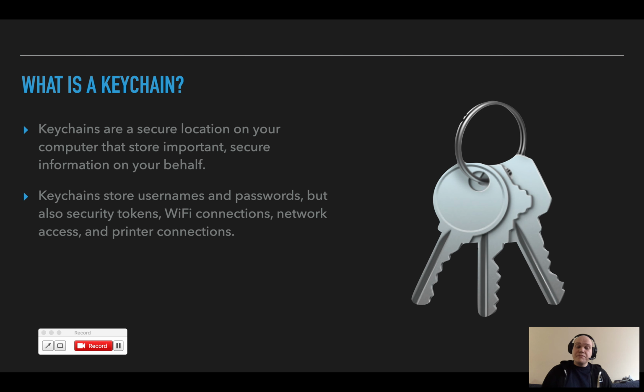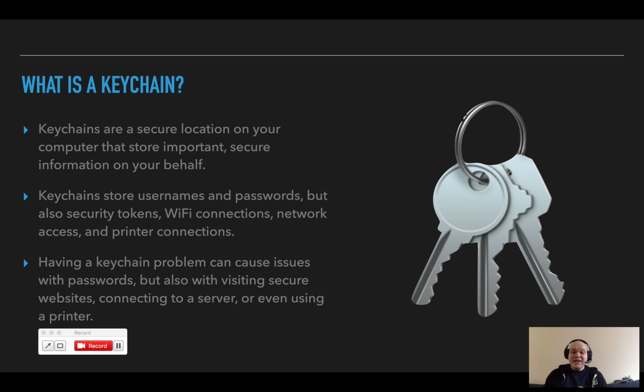Well, you do. You can't actually have a functioning Mac without a keychain. There are important functions on your computer that rely on the keychain, and having a problem with your keychain can cause issues with passwords, visiting secure websites, connecting to a server, or even using a printer.